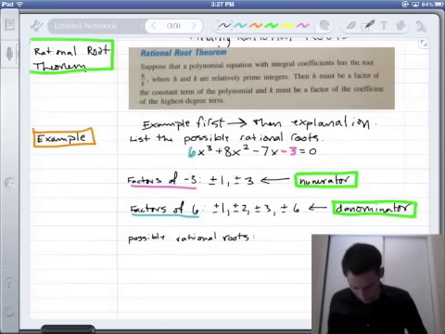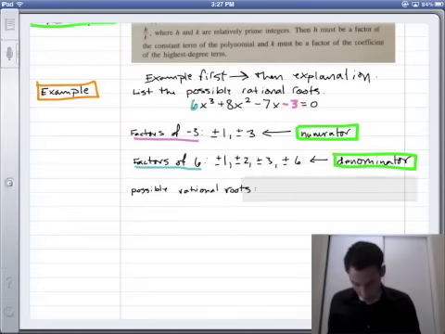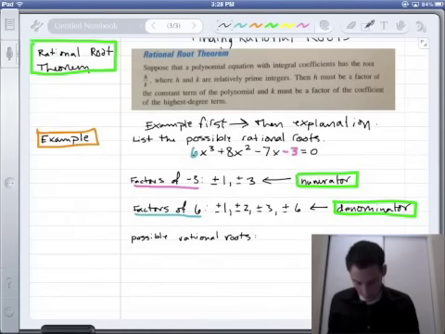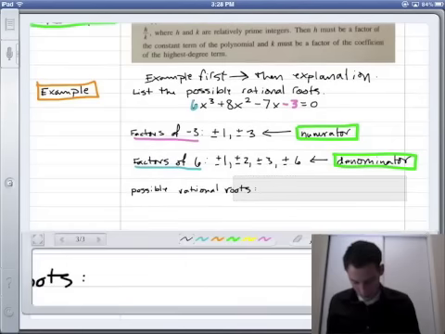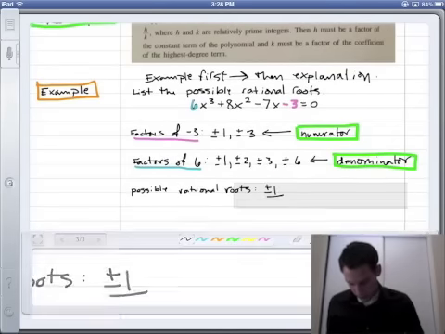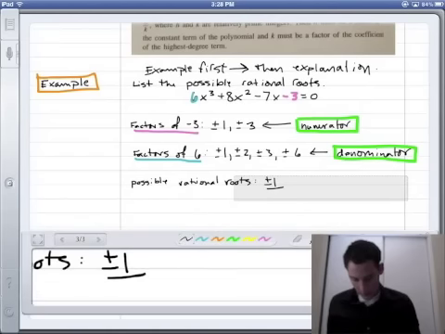So the possible rational roots, well, the first numerator is plus or minus 1, so I'm going to write that down. First numerator is plus or minus 1. And then my denominators are just all listed there, factors of 6.